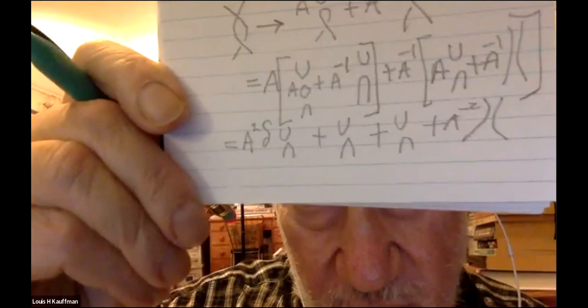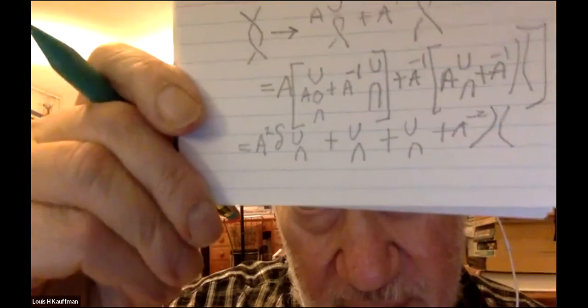So if I were to write this further out, I'm going to have A squared times the loop value, which I'll call delta, times cup cap, plus cup cap, plus cup cap, plus A to the minus 2 times parallel line. And of course, in this case, it's two-strand Temperley-Lieb algebra, so there's only cup cap U and parallel lines.